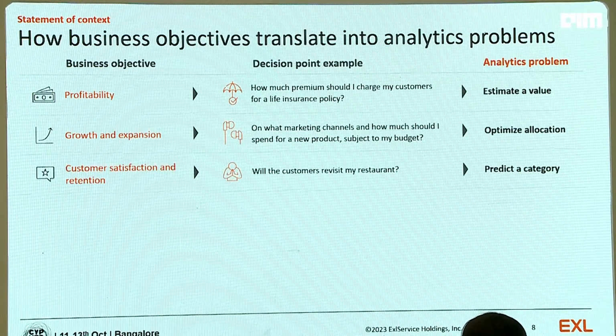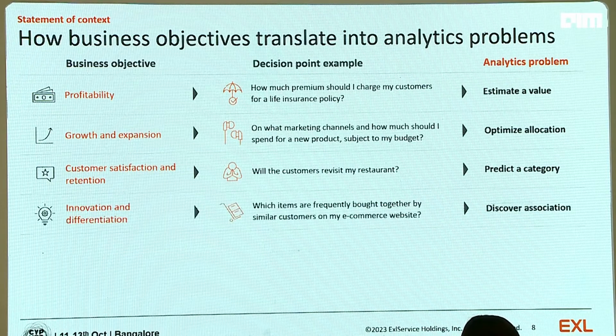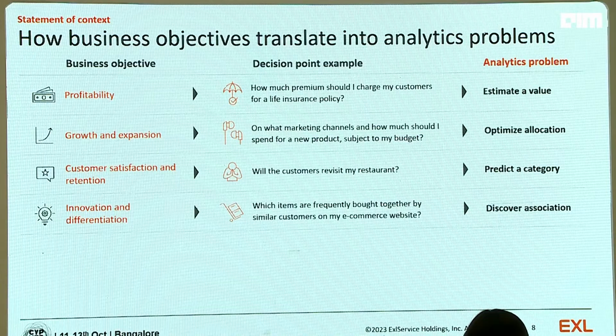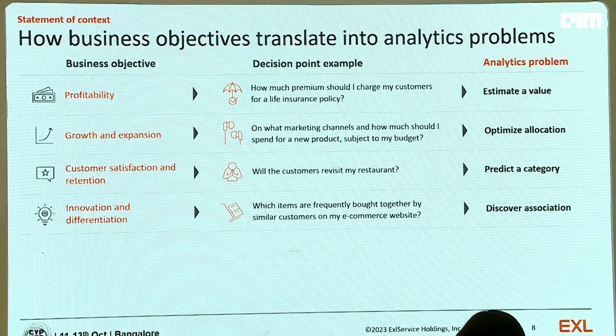If you look at customer satisfaction and retention, let's take the example of the hospitality industry. The restaurant owner may be worried about whether this customer is going to come back to the restaurant or not. Then you solve a problem of classification. It's a binary classification; it could be multi-class. Then let's take an example of innovation and differentiation, very common for e-commerce websites.